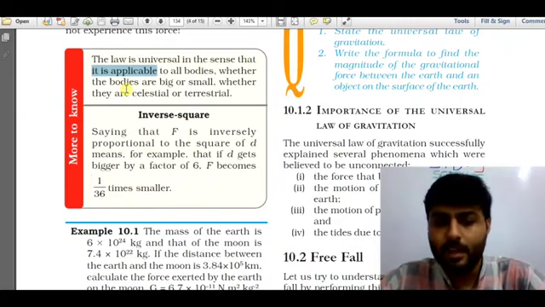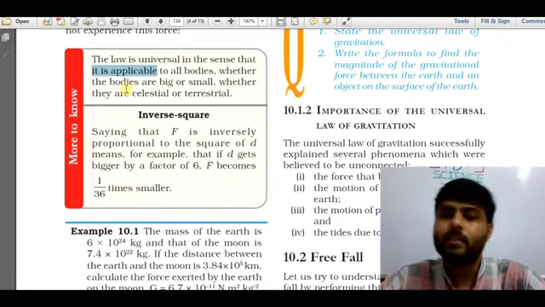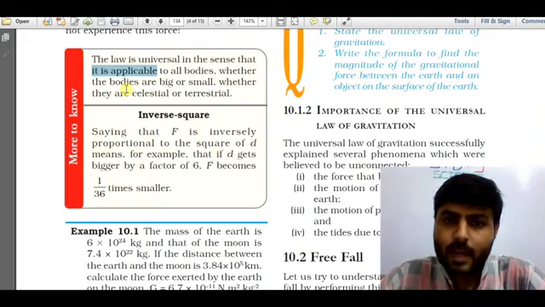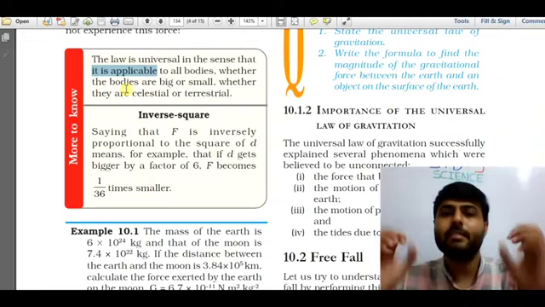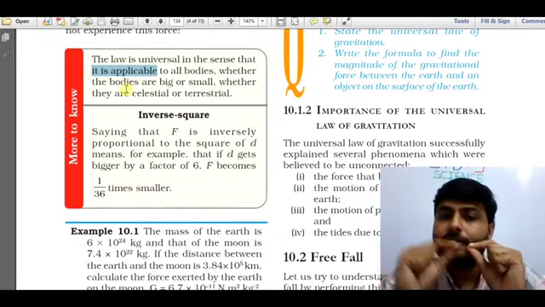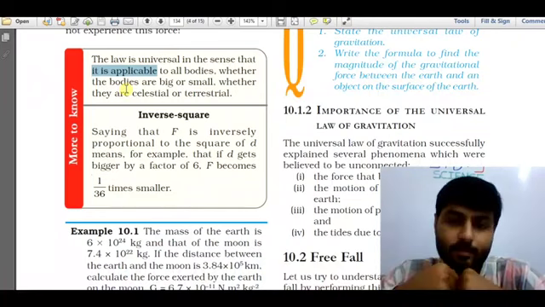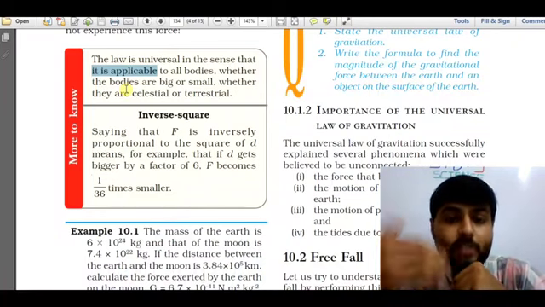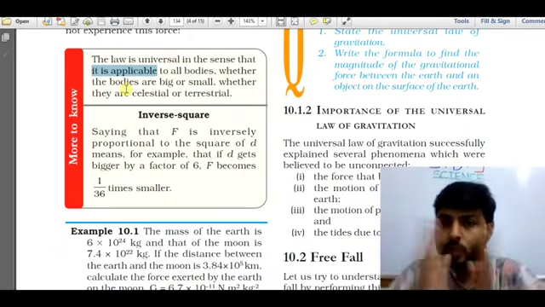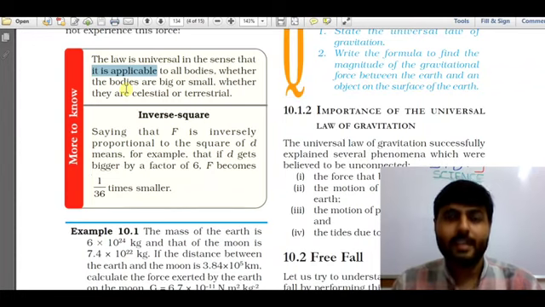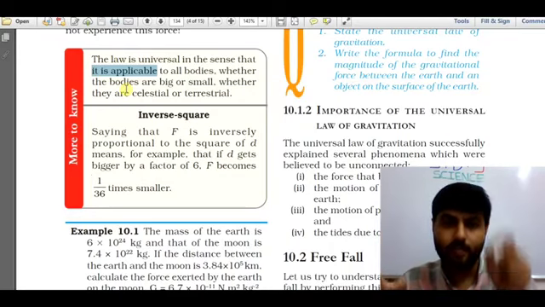Inverse square. Now we have to understand what is inverse square. In the formula of F, that is gravitational force between two objects, we have seen that F is equal to G m into m divided by d square. This d square is the square of the distance between two objects. From our past lecture, inverse proportion means if one quantity decreases, the other will increase.